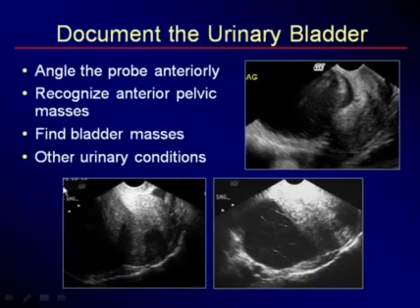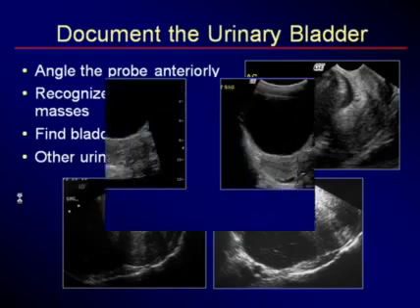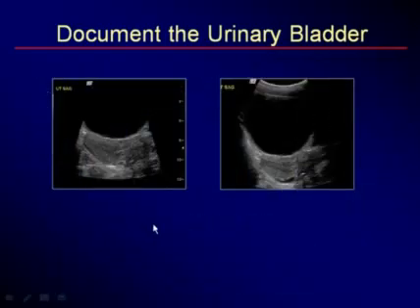The other thing is we can find urinary bladder masses or find some other condition. In this patient who was in severe pain, young woman in severe pain, it looked like she had a dilated bladder.